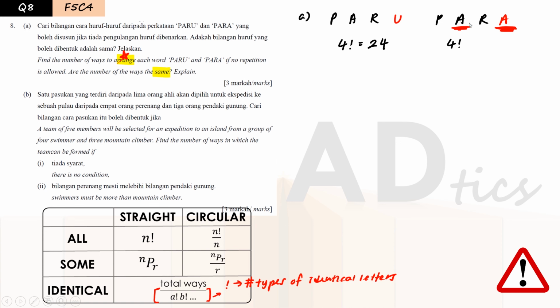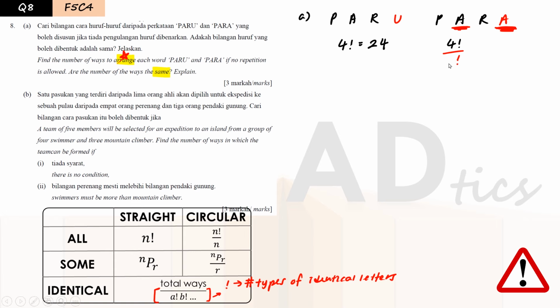Because it's just the letter A. So below here, we are just going to divide 1 factorial only, because we only have 1 type of letter which has identicals.